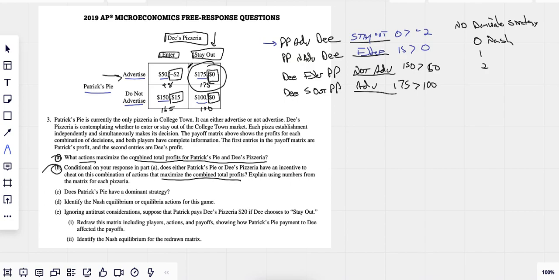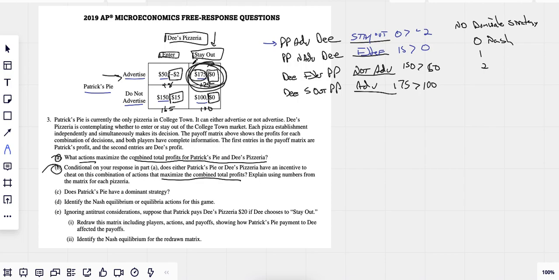Is there a reason for Patrick's Pie to choose anything other? If D stays out, Patrick's Pie's choices are either 100 or 175. Obviously, 175 is better than 100. If Patrick Pie advertises, D's choices are 0 or -2.